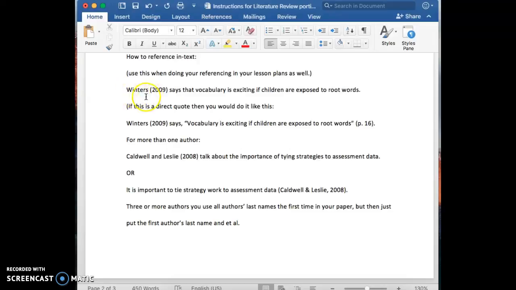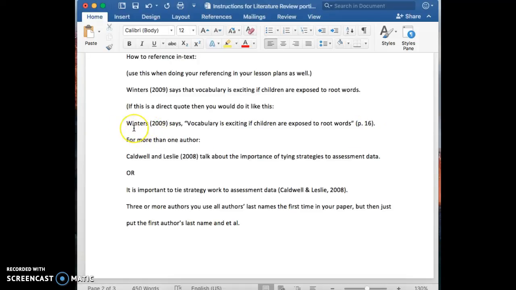So for example, from the Winters article, you could say, Winters says that vocabulary is exciting if children are exposed to root words. So of course, as this is a direct quote, you would do it like this: Winters says, quote, vocabulary is exciting if children are exposed to root words. You don't put a period here, you put your quotation mark and then your parentheses, P16, parentheses, that's where your period goes.